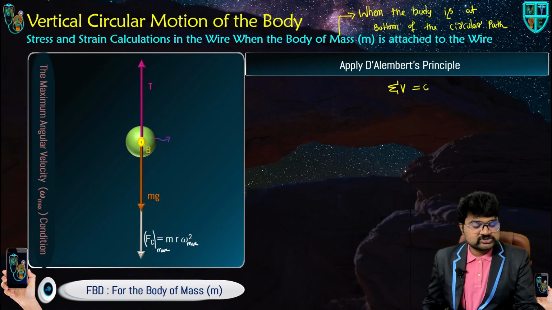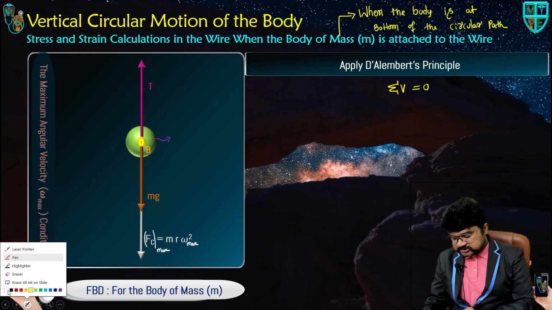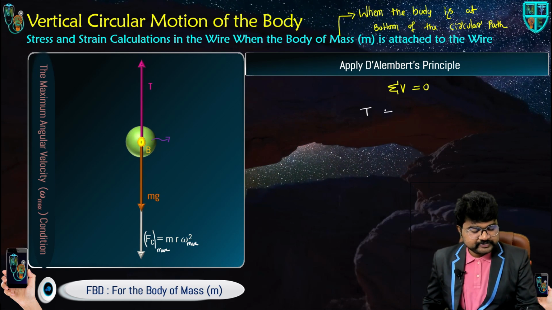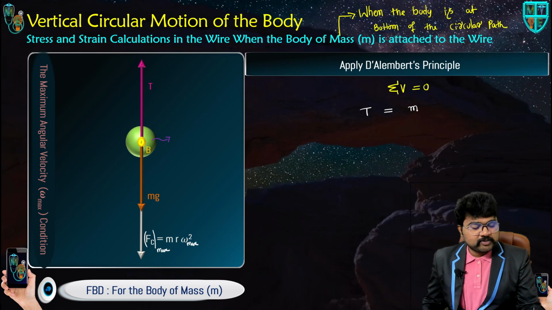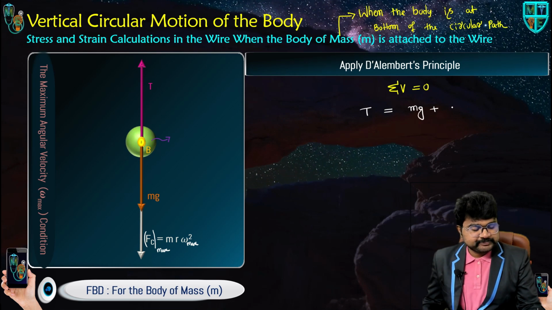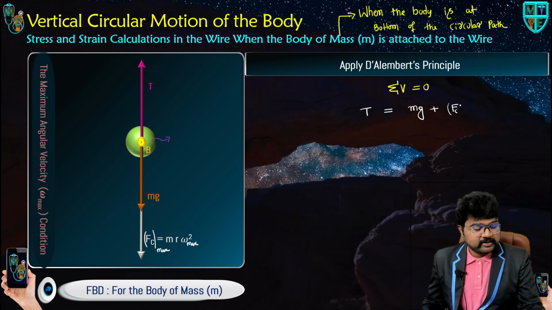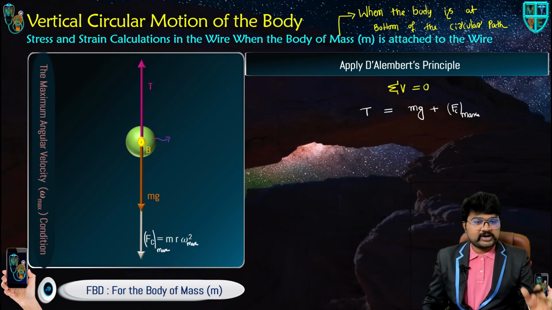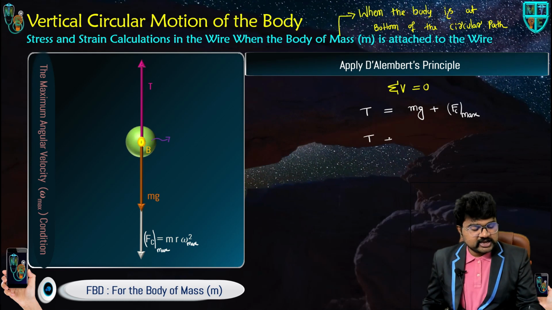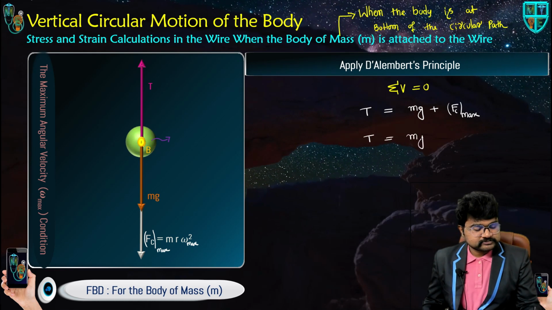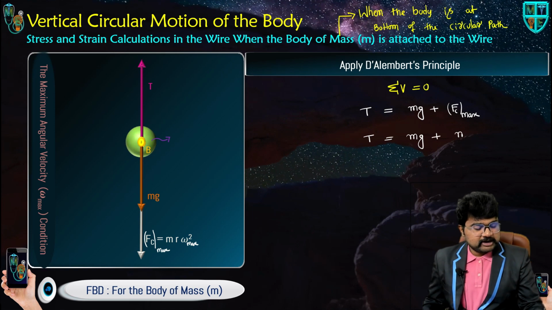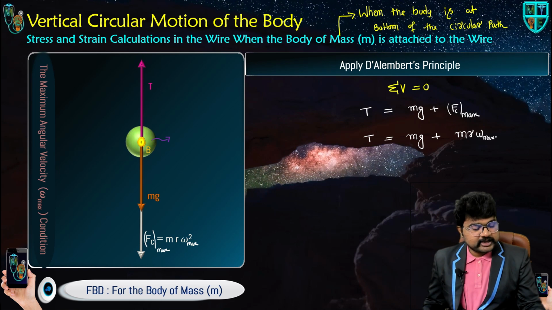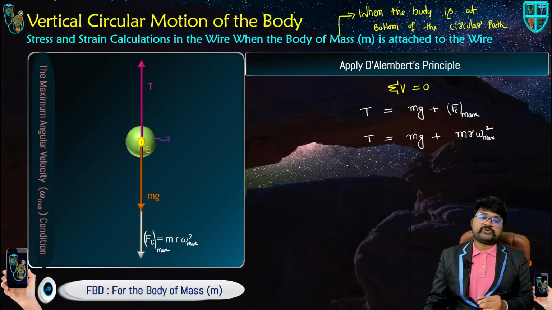Sigma V equals 0. Sum of the upward forces equal to sum of the downward forces. Tension in the string equal to weight of the body acting downward direction and Fc maximum, maximum centrifugal force, acting downward direction. Tension in the string equal to mg plus m r omega maximum square.